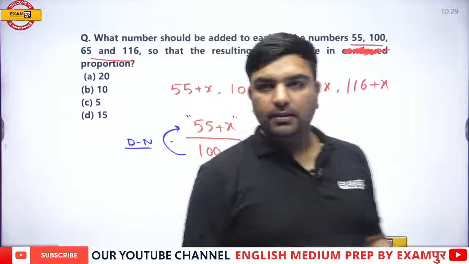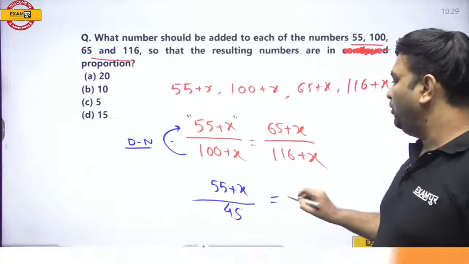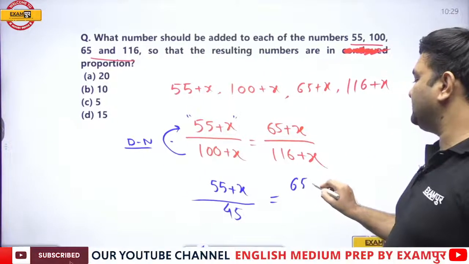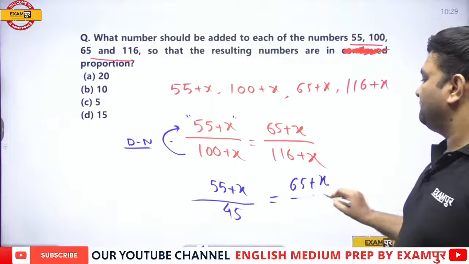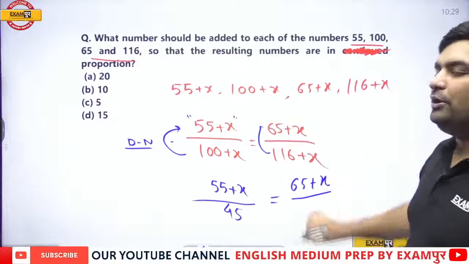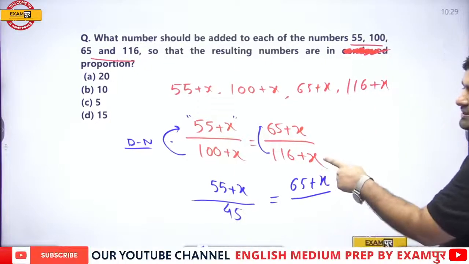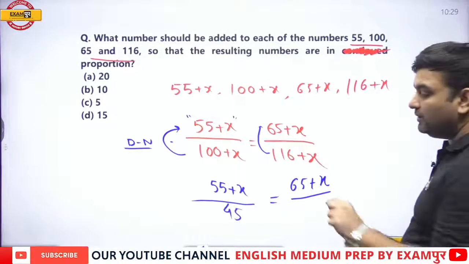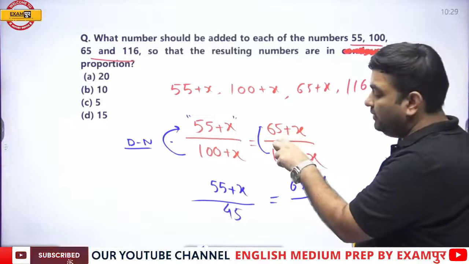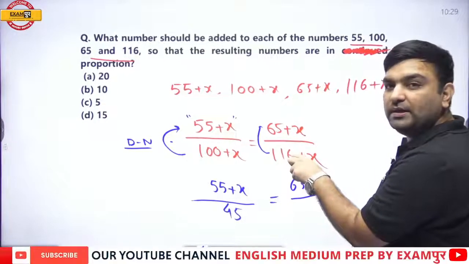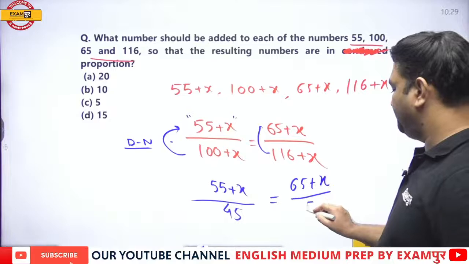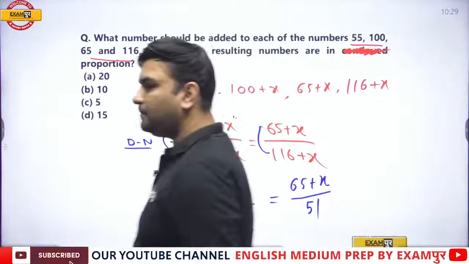Similarly, do over here as well. 65 plus x. Apply denominator minus numerator. 116 plus x minus 65 plus x, so 35 plus 16, 51.